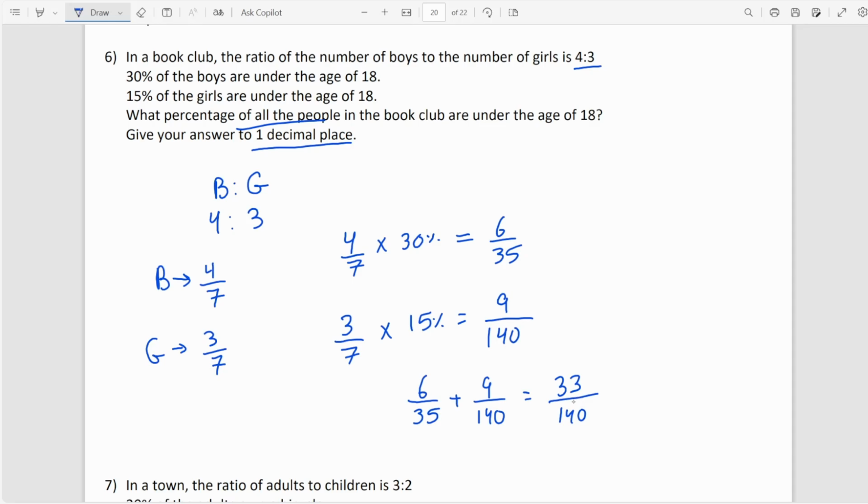And in order to find it as a percentage, I will multiply by 100. And our final answer, rounded to 1 decimal place, will be 23.6%. Okay, so I hope this was clear.